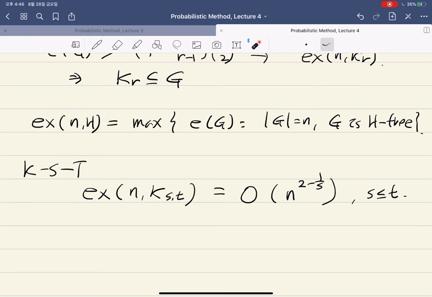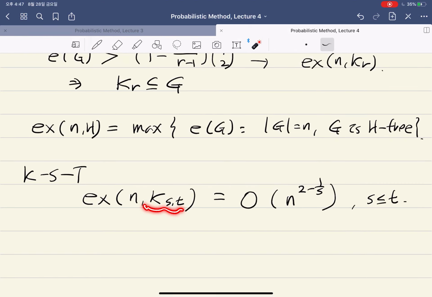But for bipartite graphs, we don't know much. Kővári–Sós–Turán gives us an upper bound on the extremal number of the complete bipartite graph, but the lower bound is only known when t is sufficiently larger than s. So even this simple case of complete bipartite graphs, we don't know the full answer.